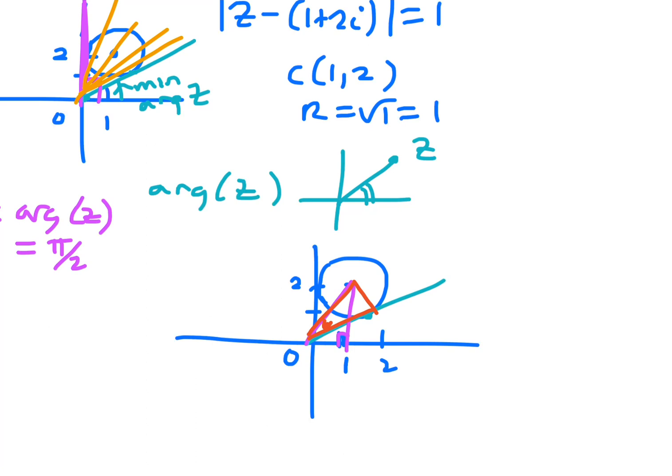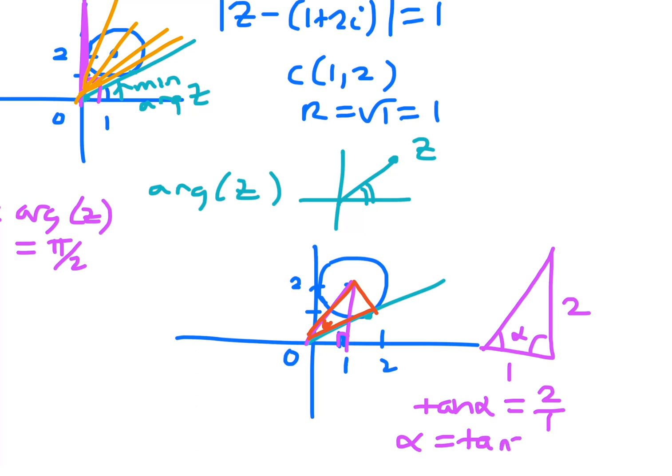So if we take the pink one first, the pink one looks like that, and that is a 1 and a 2, and that's alpha. So if I'm going to get that angle, tan alpha equals 2 on 1. So alpha is tan the minus 1 of 2. And in your diagram, that would be alpha right there. That's the big angle, alpha. So that is tan the minus 1 of 2.